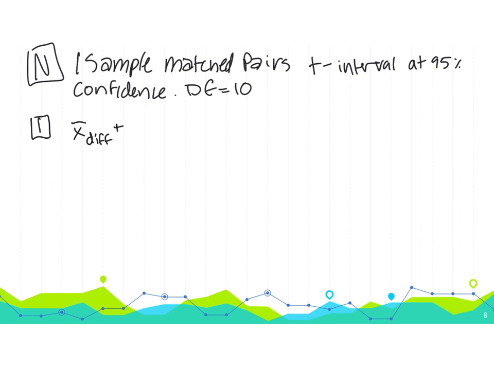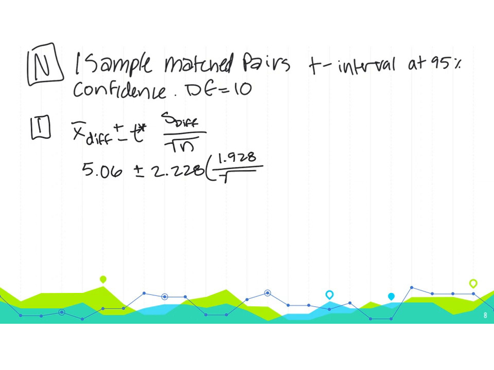So we're going to take our formula, which is the x bar difference plus or minus t star times the standard deviation of the difference over the square root of n. And that's going to end up being 5.06 plus or minus 2.228, which we're going to multiply by 1.928 over the square root of 11.